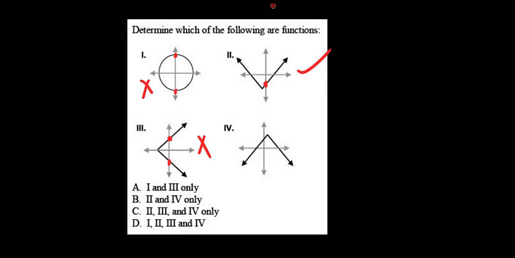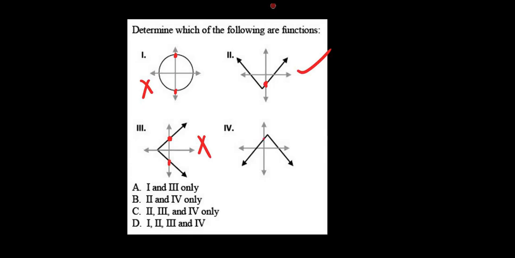And number 4, the vertical line cut through the graph at one point, as you can see over here. So this graph is a function. So the graphs that are functions in this question are number 2 and number 4. So the right option is B. I hope this makes some sense. All right, let's move on to the next one.